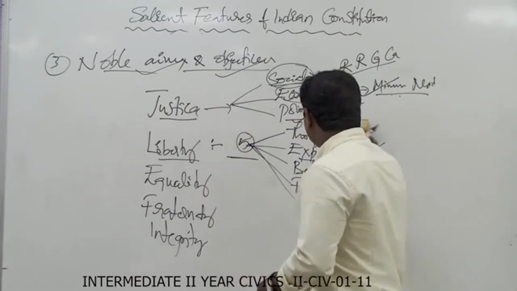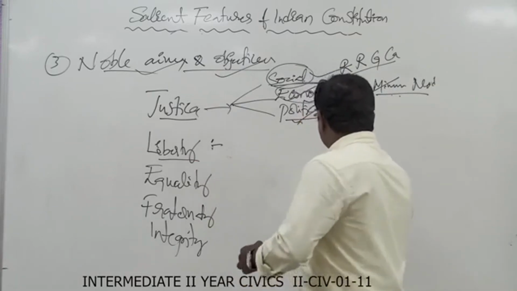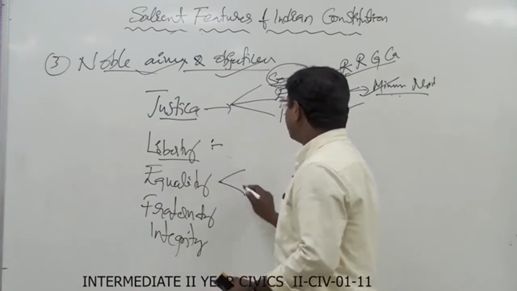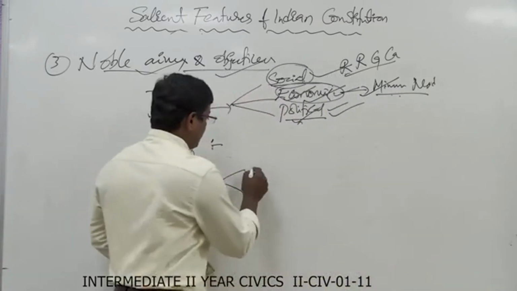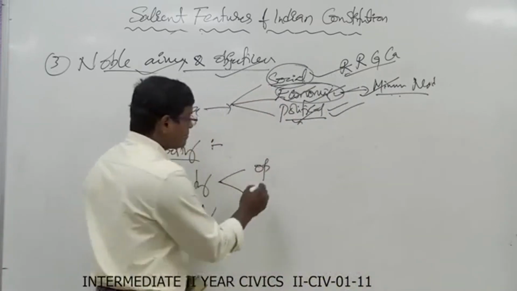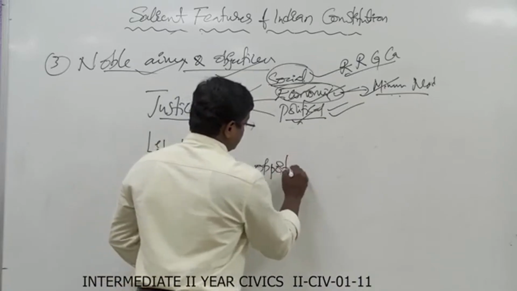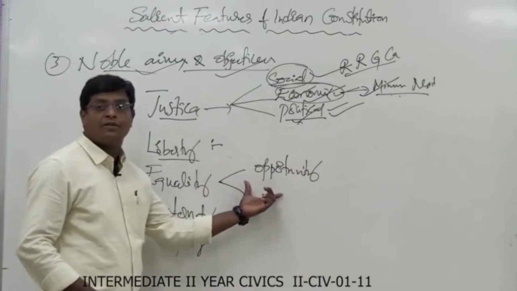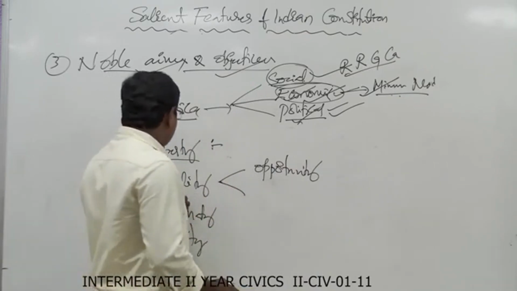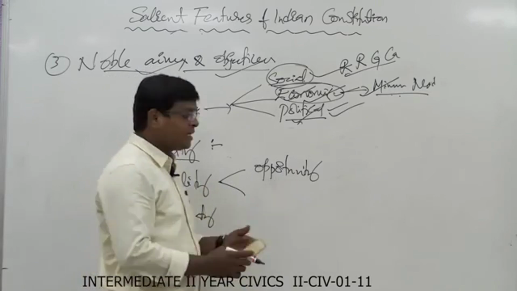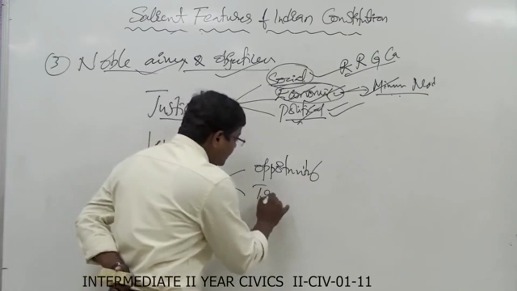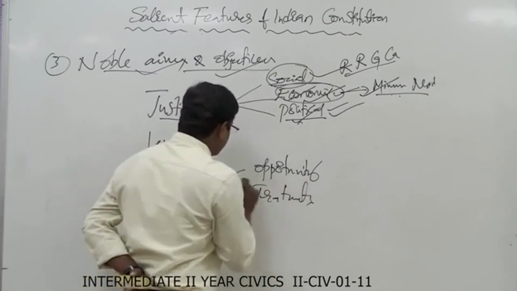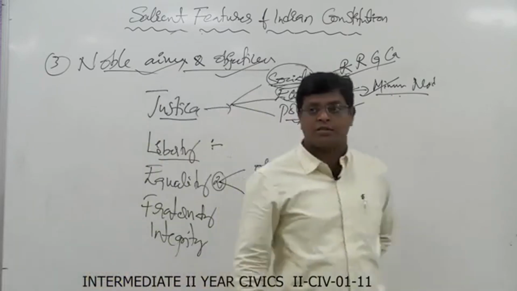And what about equality? Equality on what matters? Equality in the matters of opportunity. So here, equality in the matters of opportunity, equality in the matters of treatment. Understood? Equality on 2 grounds.